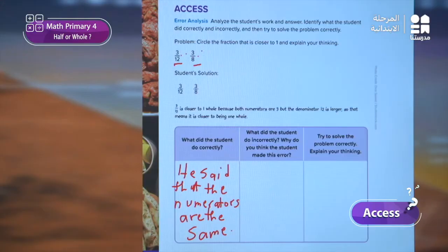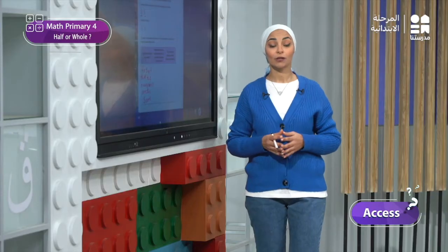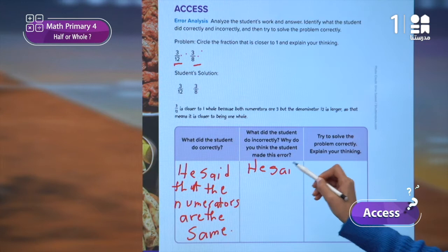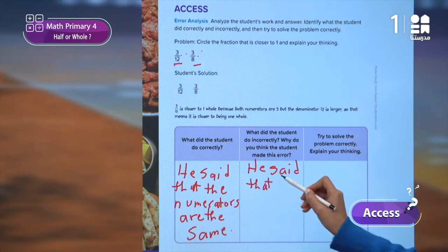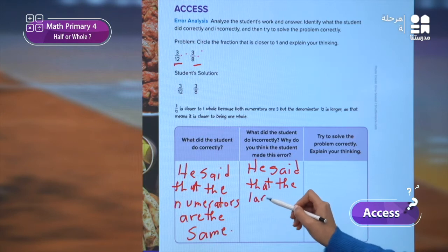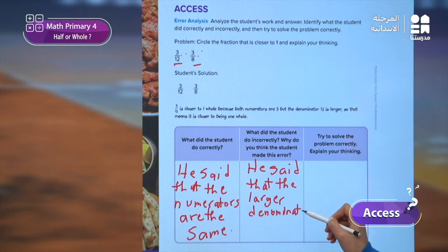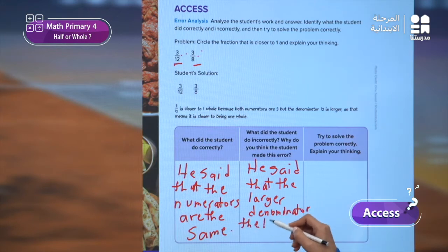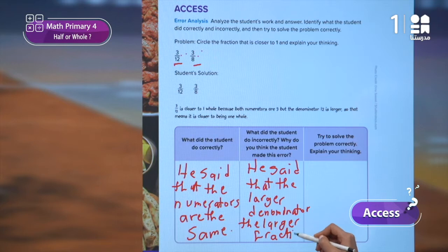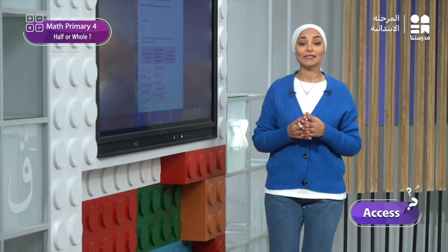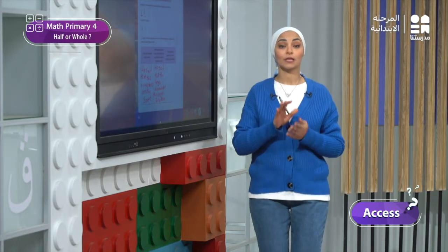So the student thought that the larger denominator means the larger fraction, and that is what he did wrong. So we will say here he said that the larger denominator means the larger fraction. And this is what our friend did wrong. Why is it wrong? Because more pieces means that the value of the fraction becomes smaller.